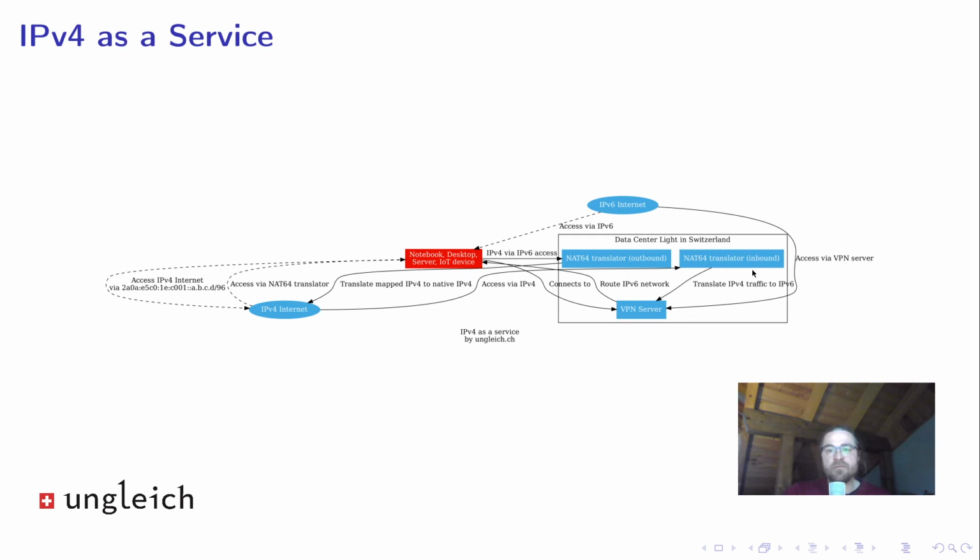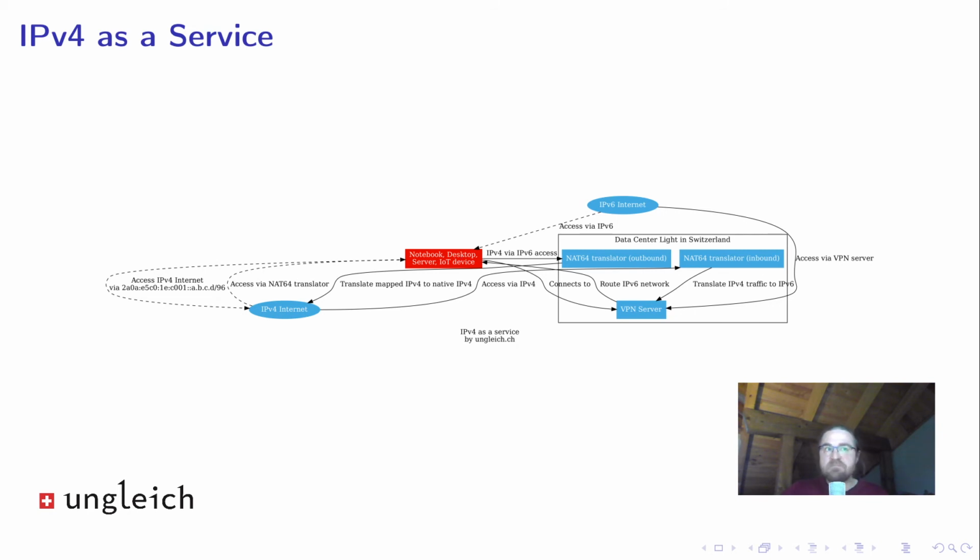The inbound NAT64 translator has a table entry that says this particular IPv4 address maps to a particular IPv6 address. So this NAT64 translator turns the IPv4 packet into an IPv6 packet, and then it just applies usual routing information and sees, okay, this IPv6 address is actually reachable via the VPN server here. It forwards it to the VPN server, and that one forwards it to the end device.